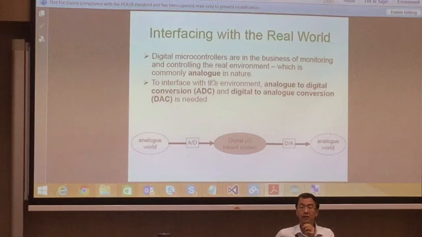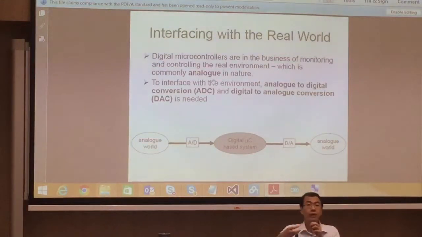Arduino has its own built-in ADC. Why is that? Because when the Arduino, for example, is connected to a temperature sensor, the sensor reads something, and the data from the reading of the temperature sensor is analog, correct? So when you take the data from the temperature sensor, that data is analog.